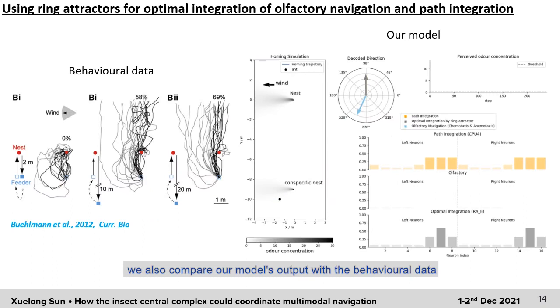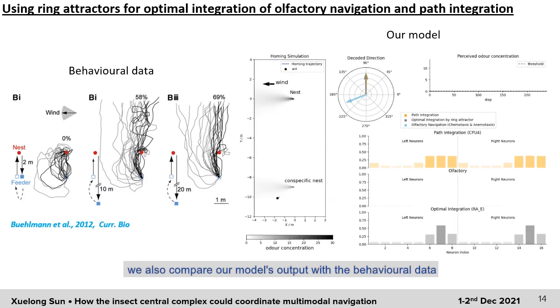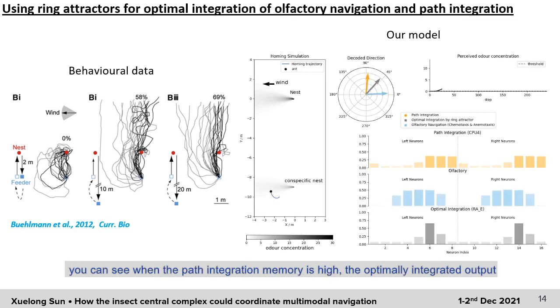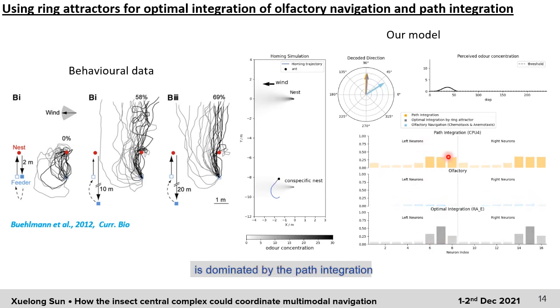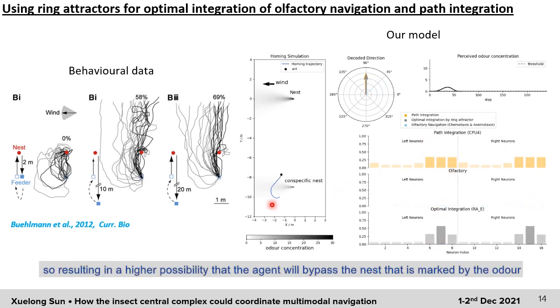We also compare our model's output with the behavioral data, where you can see that when the path integration memory is high, the optimally integrated output is dominated by the path integration, resulting in a high possibility that the agent will bypass the nest that is marked by the odor.